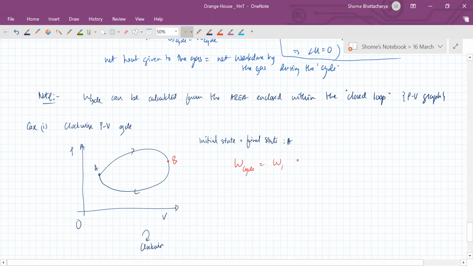the net work done is equal to the work done from A to B plus the work done from B to A. Now work done from A to B will be positive of this larger area, because A to B is this process, this area. This area is, let's say, A1. So it is positive of A1 because there's an expansion happening.